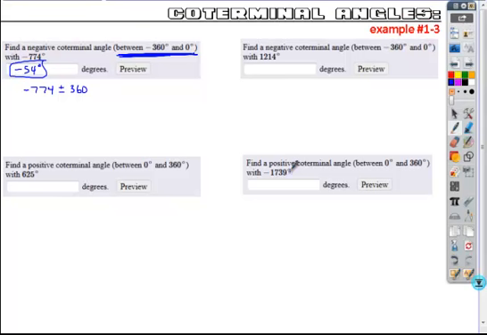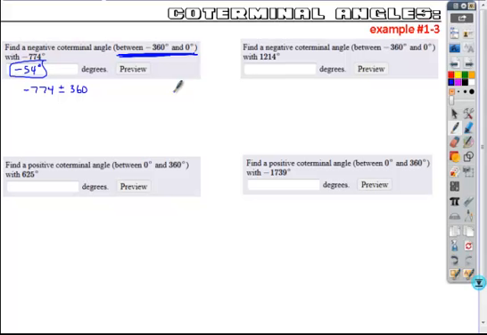If I'm working through a problem that asks me for a positive coterminal angle, and you got a number like negative 200, and it asks us between negative 360 and 0, it would be a mistake in the question. It's a bit different than reference angles, where if it's in quadrant 1, the reference angle is equal to the angle.